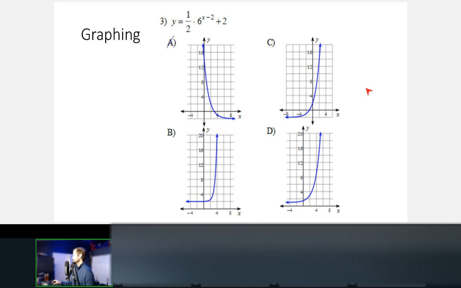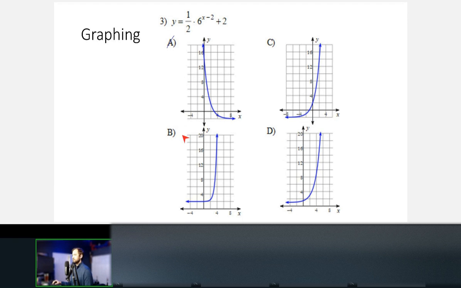Isabella, choose your answer. Oh, you changed your answer? Oh, Isabella, I think you got it right the very first time. So class, what is the vertical shift? Up 2 units. Anyone else agree? Are we shifting up 2?